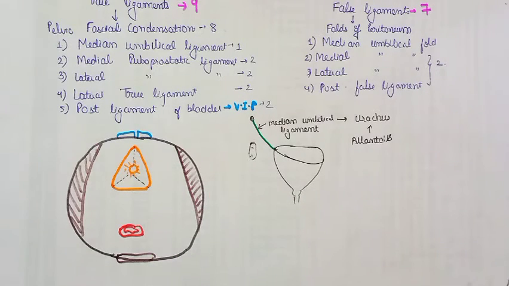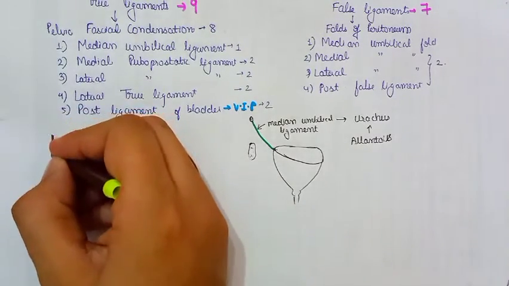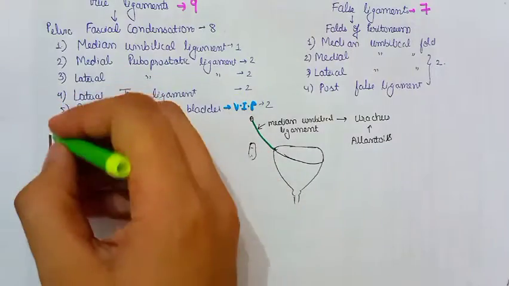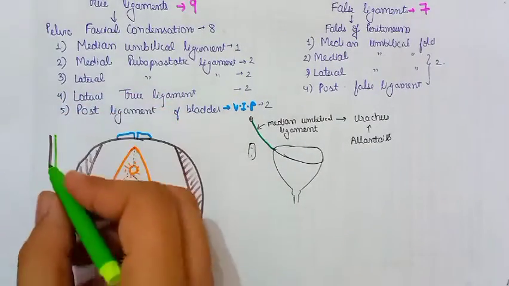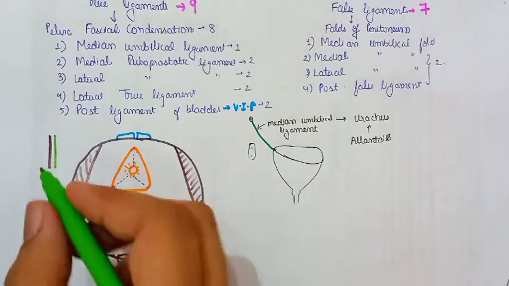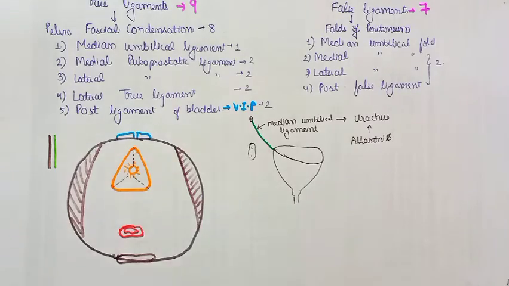This muscle is covered by fascia called the obturator fascia. Suppose this is the muscle and it is covered by fascia called the obturator fascia.